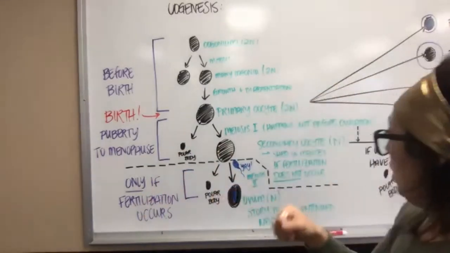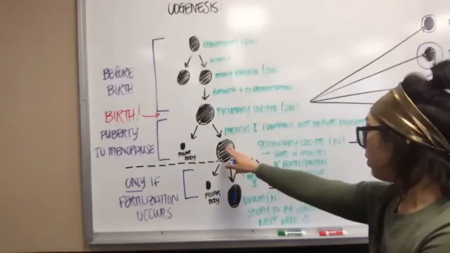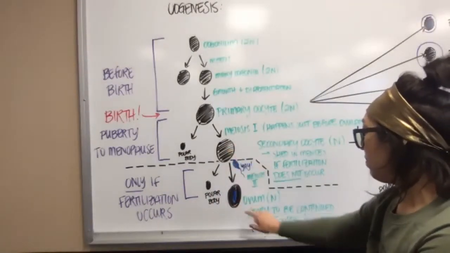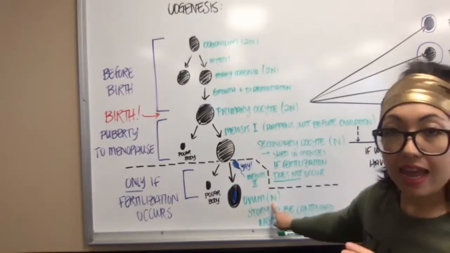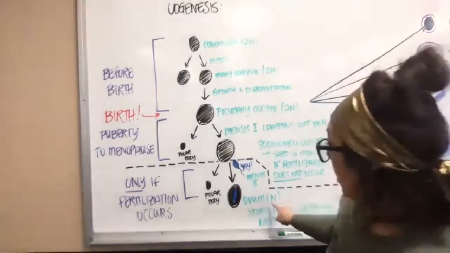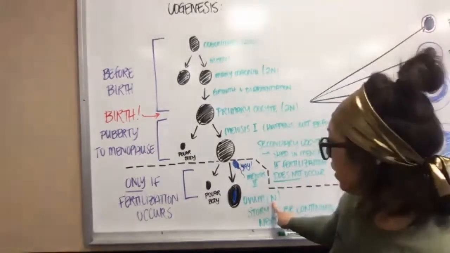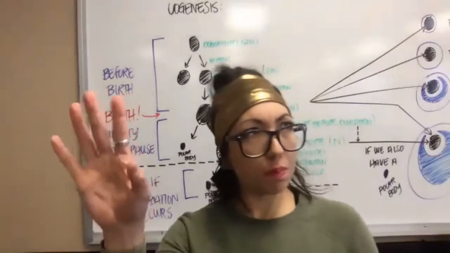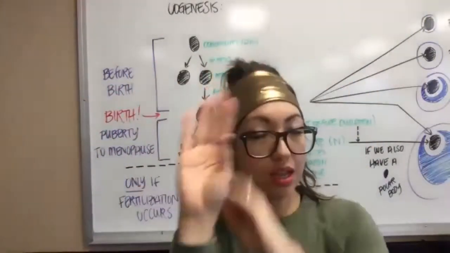Okay, so the ovum is a fertilized secondary oocyte. Now it is still a haploid. And I know this tends to confuse students sometimes because you're like, wait, sperm plus egg, isn't that haploid, haploid, diploid?